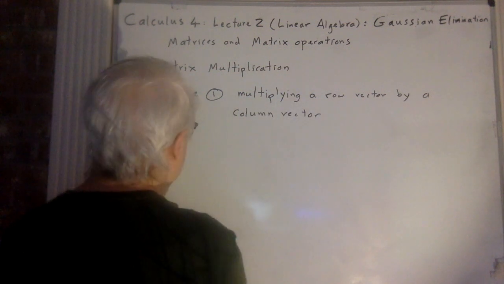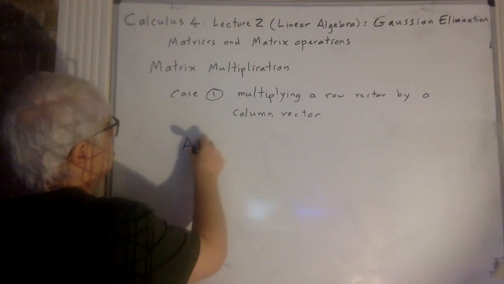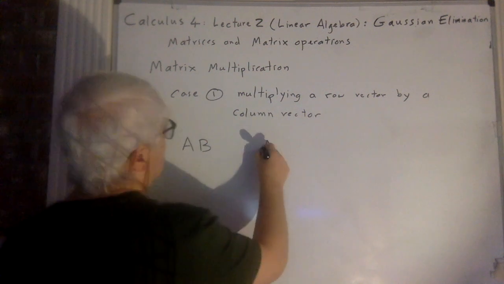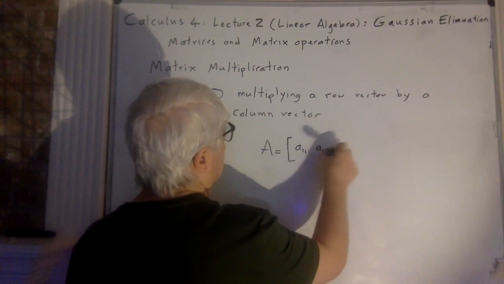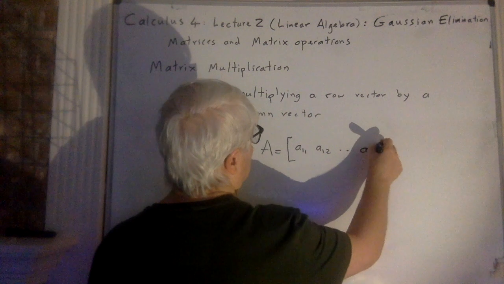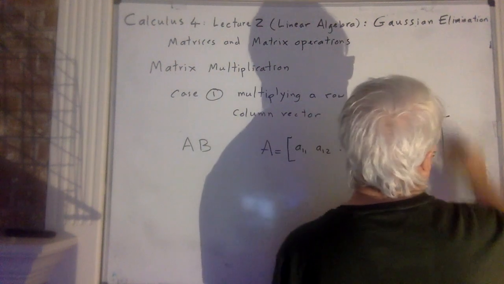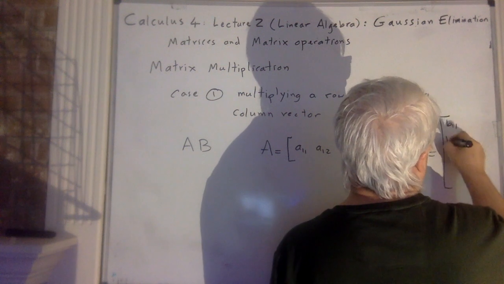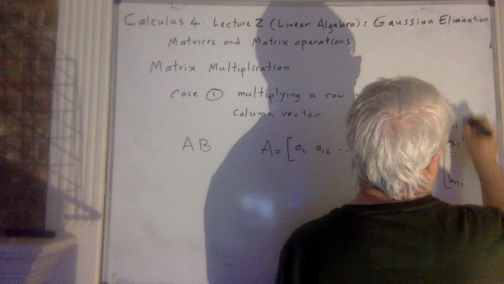So let's say we have A times B, and A is the row vector A11, A12 up to A1n, and B is the column vector B11, B21 up to Bn1.